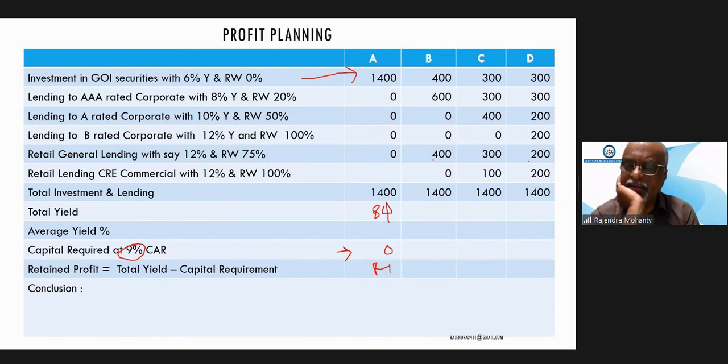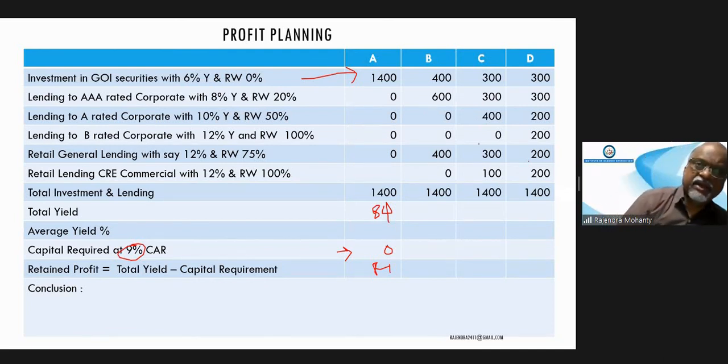No. I think somewhere some error is there. Suppose B's capital is 37.8. Here another exposure is more, so it cannot be that.